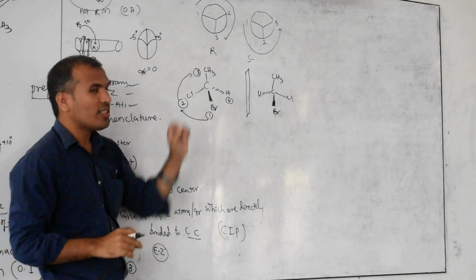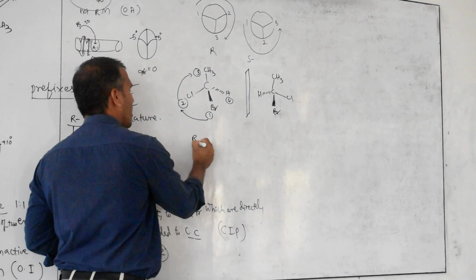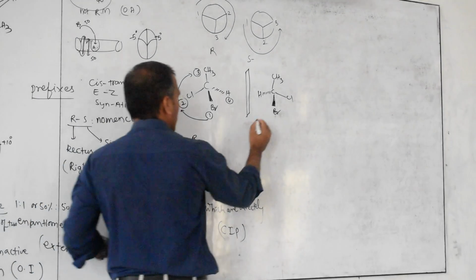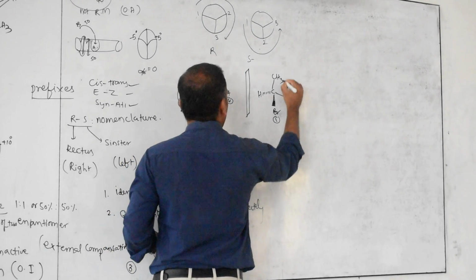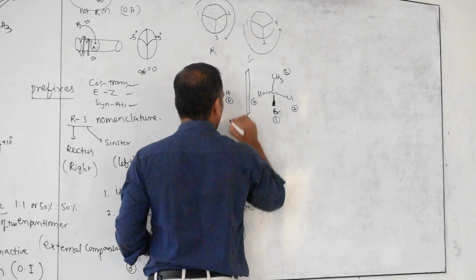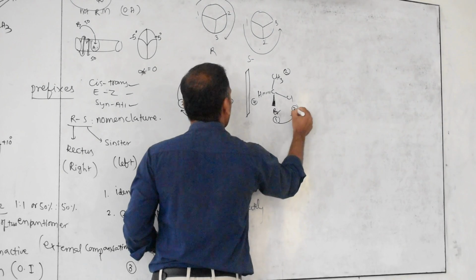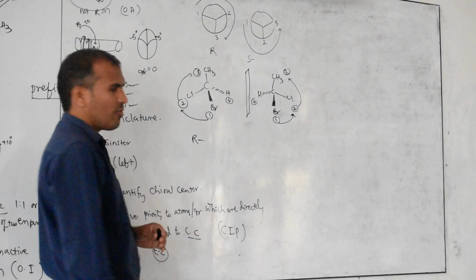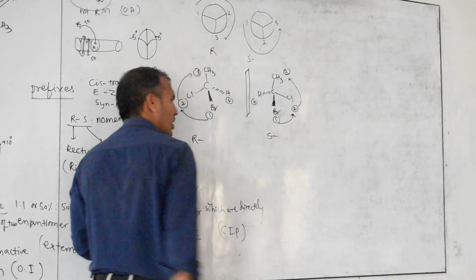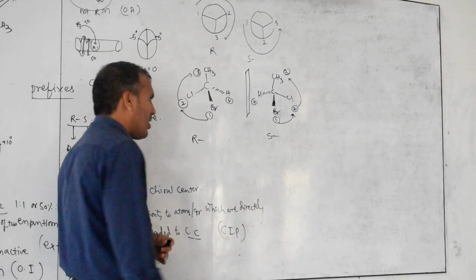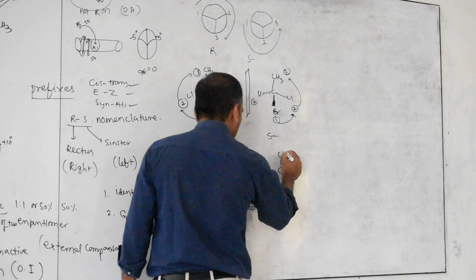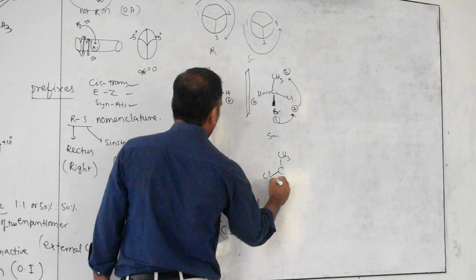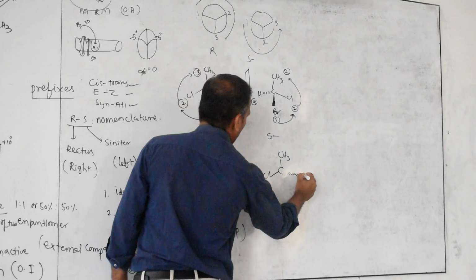Clockwise. Clockwise means R. This is the R configuration. Clear? Now here also first, second, third, fourth priority. 1 to 2, 2 to 3. Which direction? Anti-clockwise. Then what do you call it? Now I will write one more here. CH3 and Cl, Br.